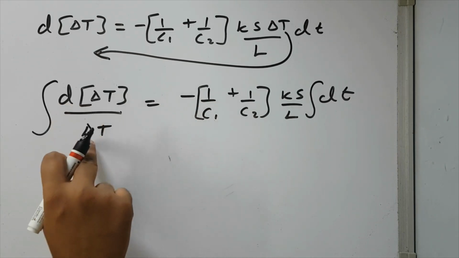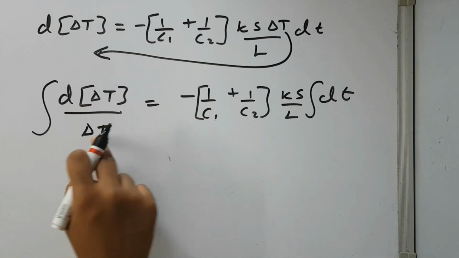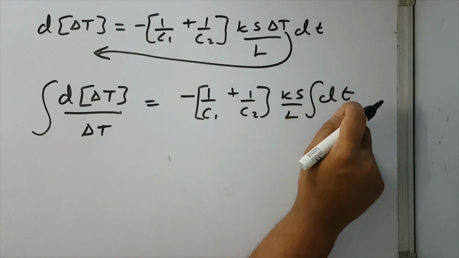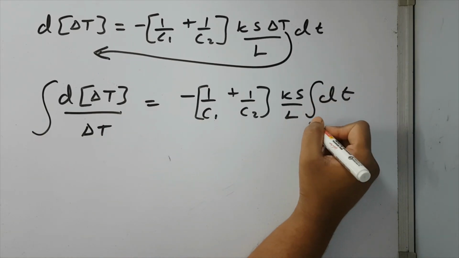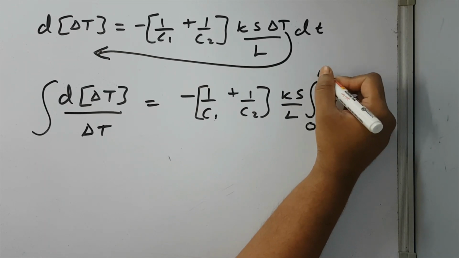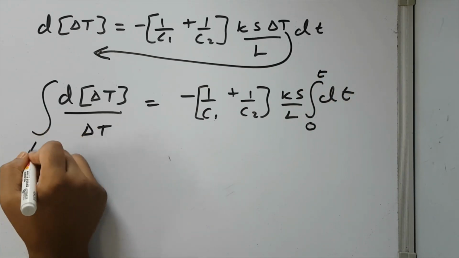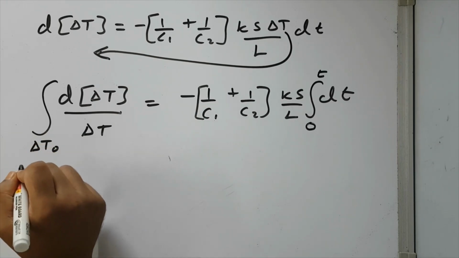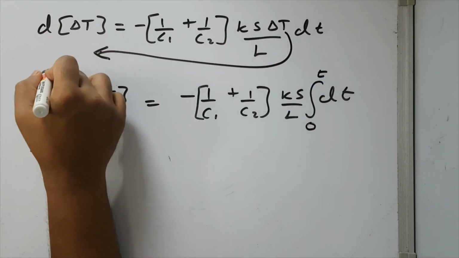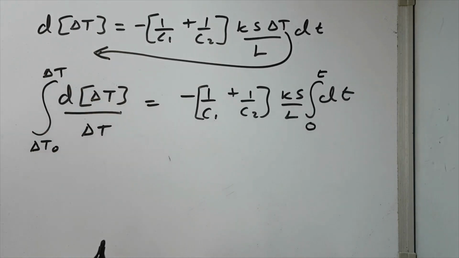Here the integral is of delta T, and here the integral is of time, so time varies from 0 to any time t, and at t is equal to 0, delta T was delta T naught. Okay, and at t the temperature difference is delta T.